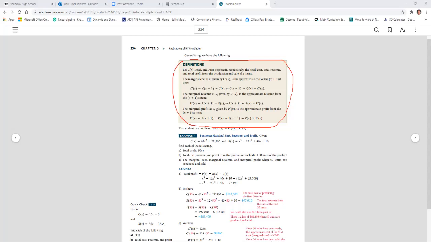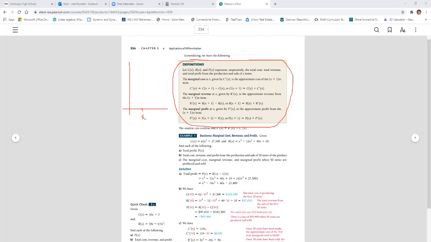Now that's a lot of information in a definition, and you're probably thinking, wow, that's rather wordy, and it is. Let me try to explain what's happening here with a graph on the side. Suppose you are manufacturing a certain number of items, and at some point you manufacture x number, and we don't know what x is.